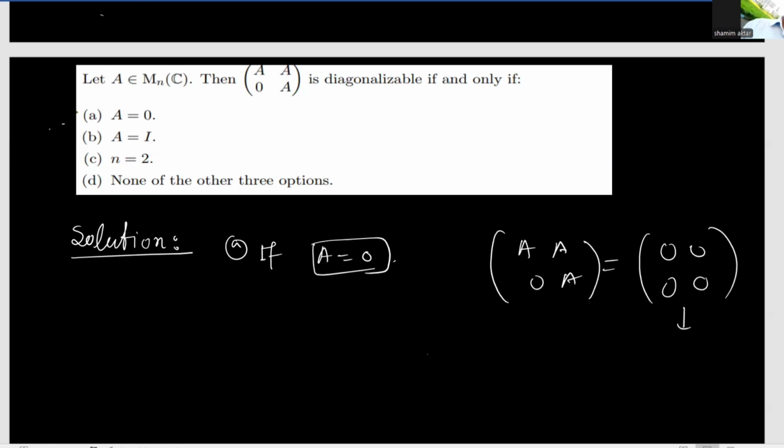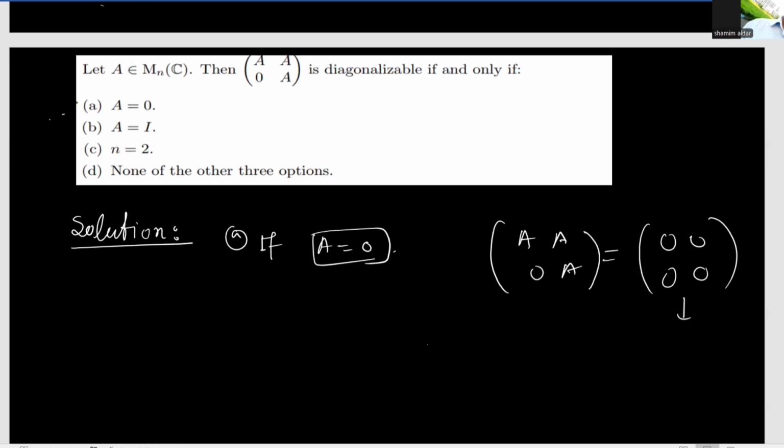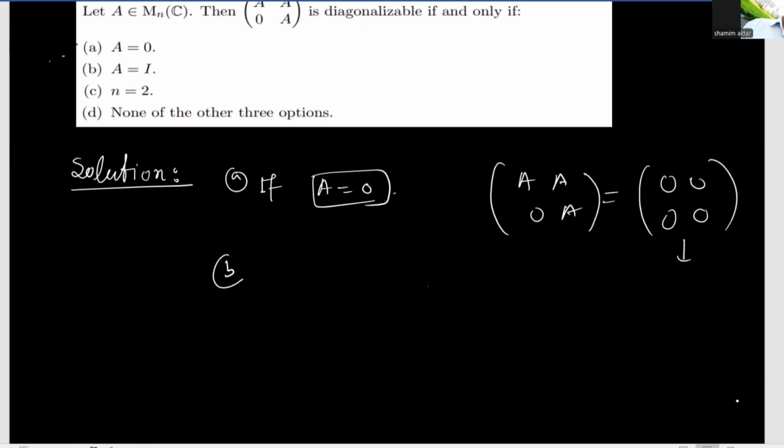Now the second option: if A is equal to the identity matrix, suppose this is a 2 cross 2 matrix.